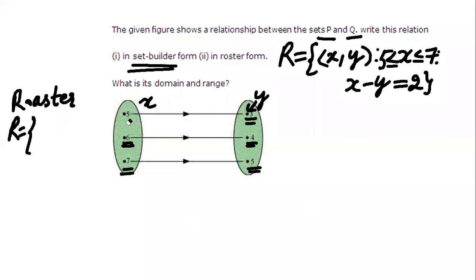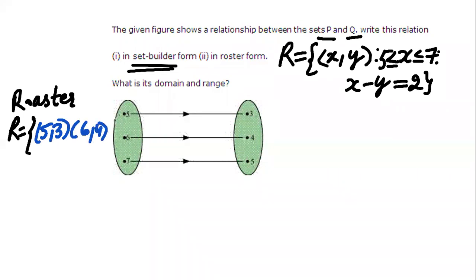Ma'am, (5, 3), (6, 4), and (7, 5). Very good reply you have given. Corresponding to 5, answer is 3. Next, 6, 4. And the last one, 7, 5.